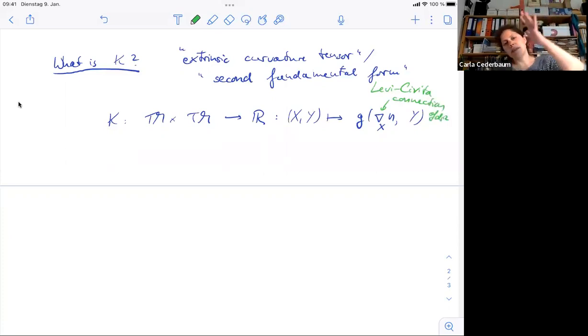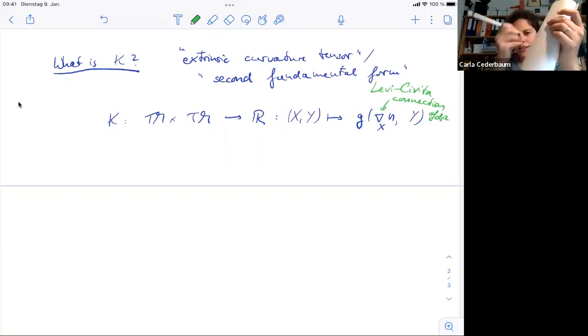So this tells me the rate of change of the normal vector in direction of a vector X. I can move according to the flow of the vector field X, and I look at how my normal vector changes, and then I project it down again onto the tangent plane to the cylinder by pairing it with Y. Then this tells me what the extrinsic curvature is.